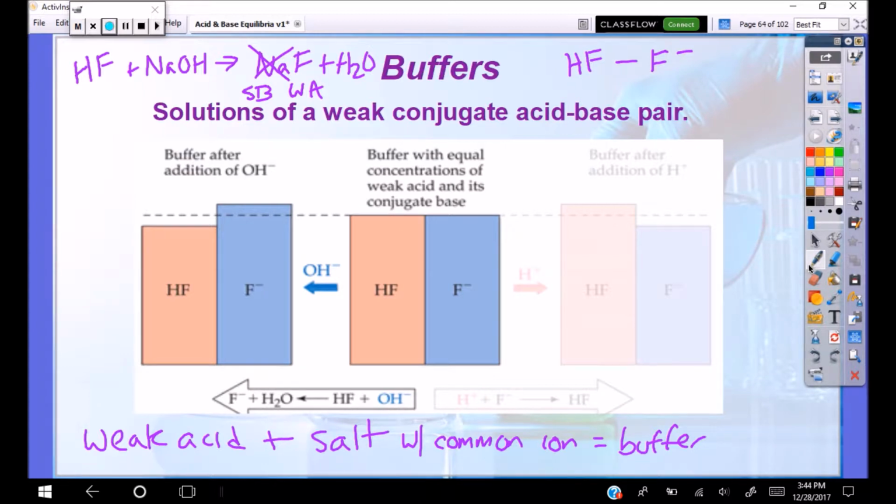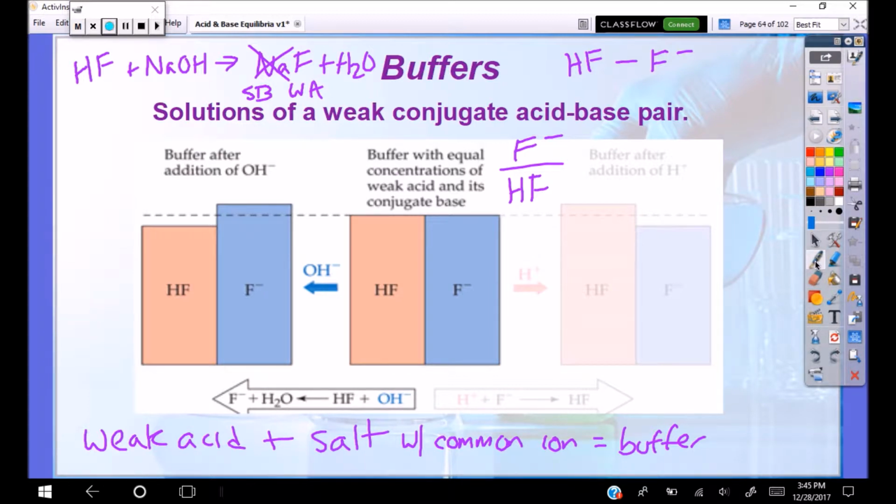Okay, so to figure out how a buffer responds to changes in pH, either from a strong base or a strong acid, we need to look at both possible equilibria here. First, we know that our buffer is going to have equal amounts of HF and F minus to start. That's how we know it's at our stable pH. They're equal amounts, so the ratio is probably going to be equal to 1 or roughly around there.